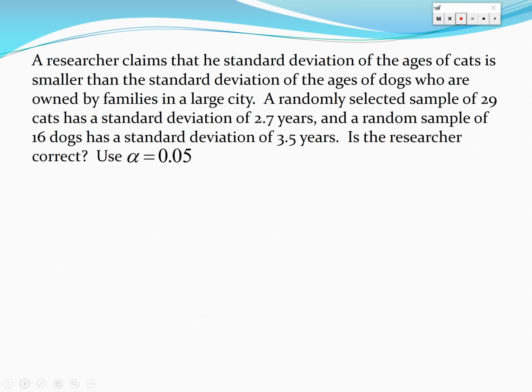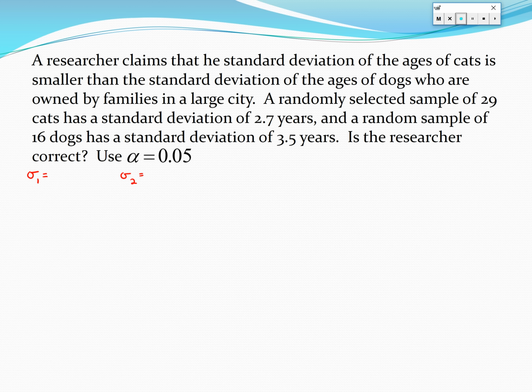For this second example, just take a minute and read through it and think very carefully before you label which is going to be your 1 and which is going to be your 2. Alright, so if you take a read through, to make things simpler, we want to try to keep our larger variance in our numerator.